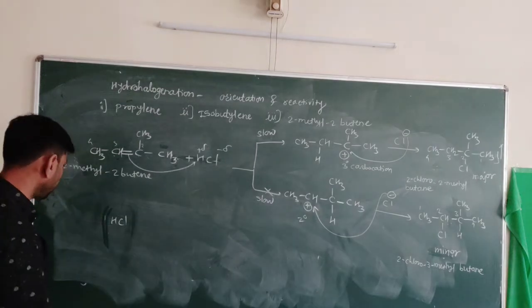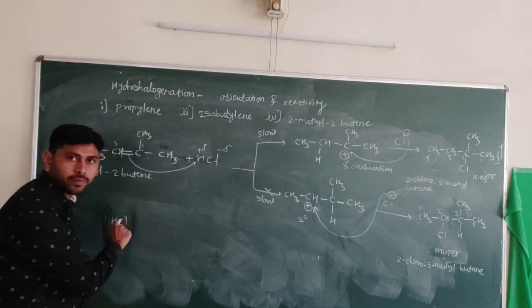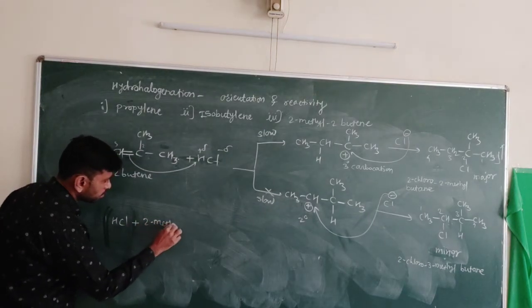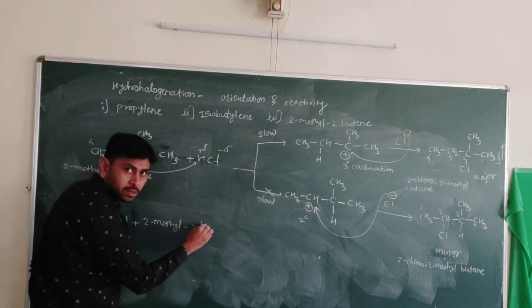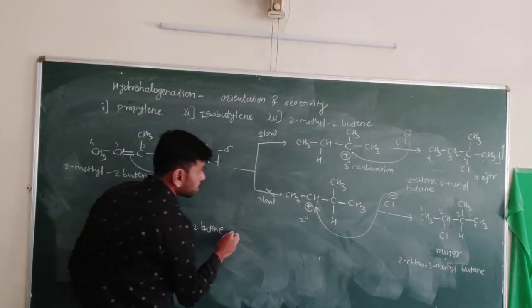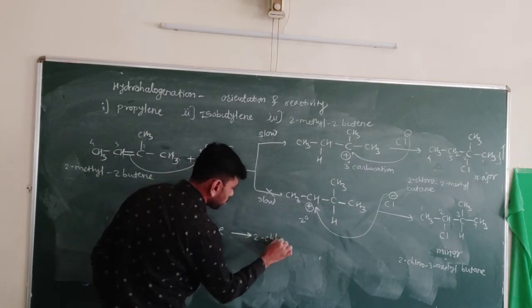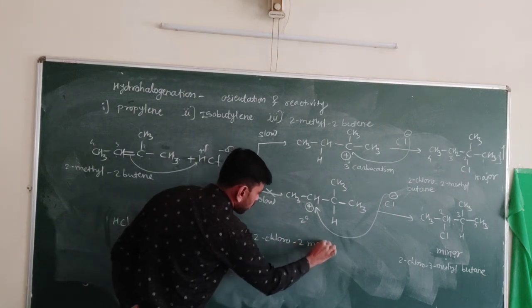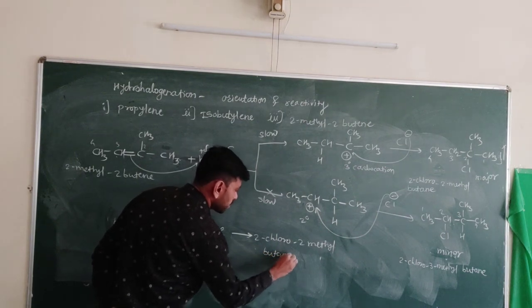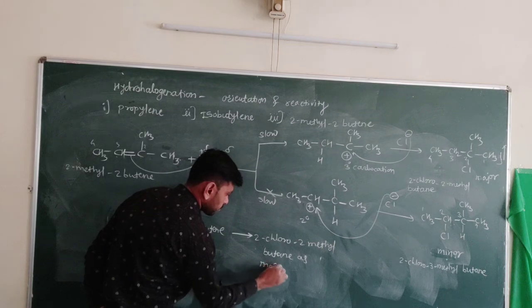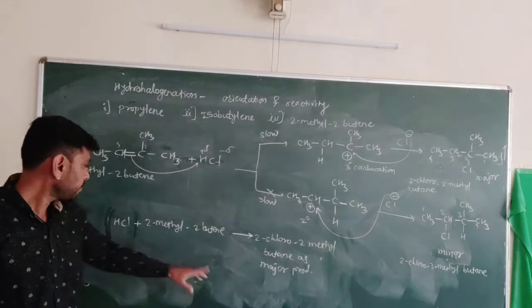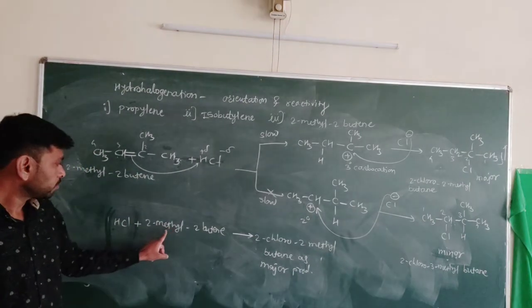So in an addition of HCl to 2-methyl 2-butene, we obtain 2-chloro 2-methyl butane as the major product. Explain. So this is the question here.